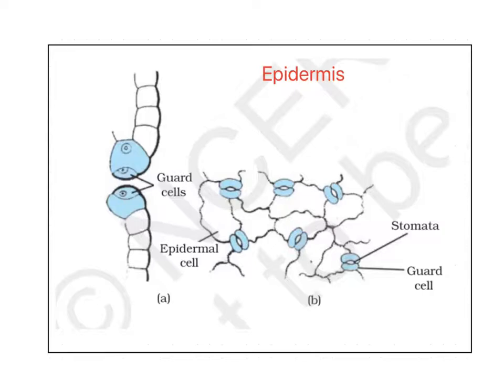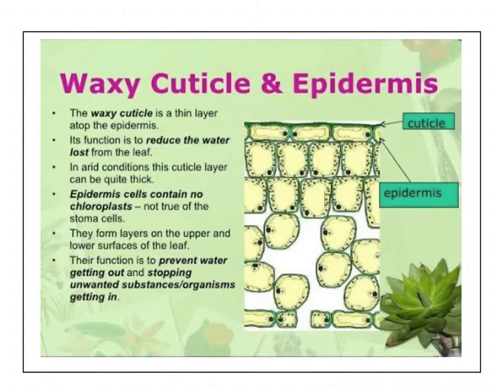See, all your leaves, your stem, all aerial parts of the plant, the part of the plant above the ground, is covered by a thin membranous structure. That is called epidermis, as you can see in the picture. So all your cells are covered with a layer of cells, and that layer of cells is called the epidermis. Clear?